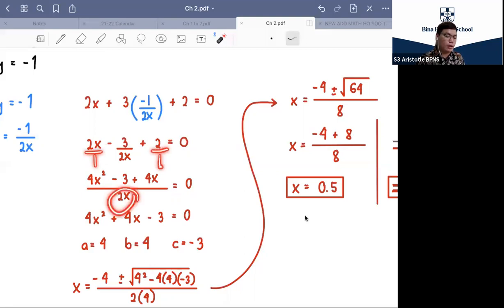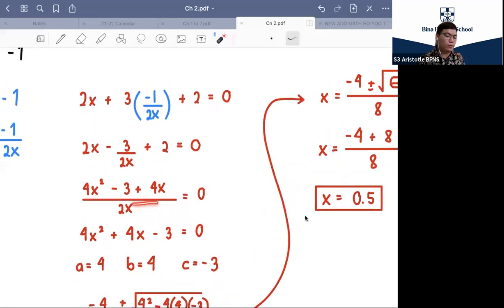So how did I get this 4x squared minus 3 plus 4x? 2x divided by 1 is 2x, so 2x times 2x is 4x squared. And then this one is just the same, it's still 3. And how did I get 4x here? 2x divided by 1 times 2 is 4x equals 0.